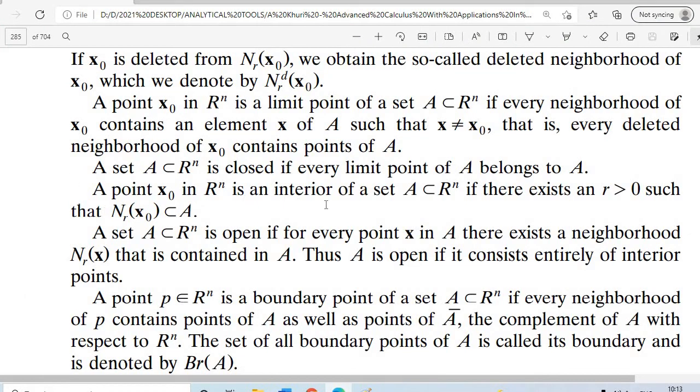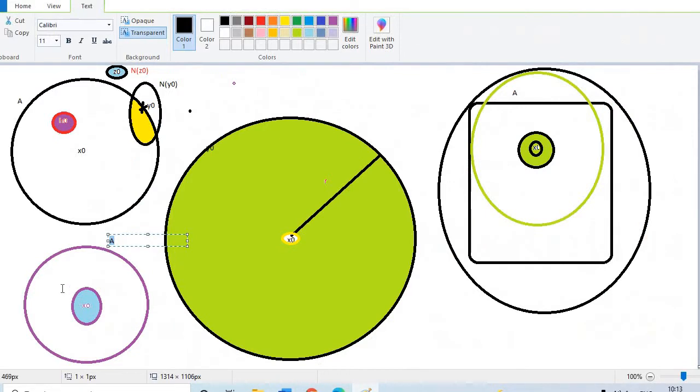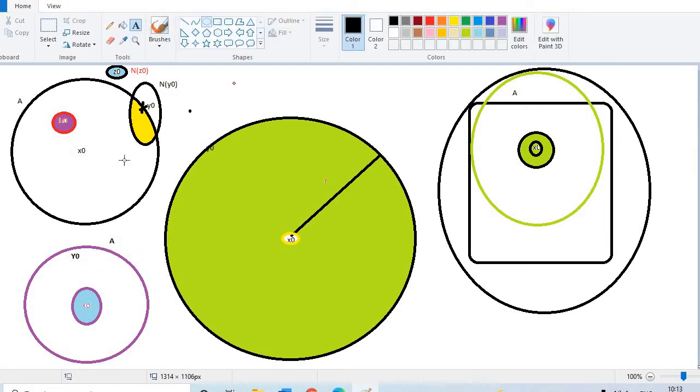അപ്പോൾ എന്താണ്? A point x0 is an interior point of set A if there exists a neighborhood of radius r such that it belongs to A. അത് നമുക്ക് എത്ര വേണമെങ്കിലും ചെറുതാക്കാം. ഇനി നമ്മൾ എടുക്കുന്നത്, അപ്പോൾ നിങ്ങൾക്ക് സംശയം തോന്നും, ഇതിനോട് ക്ലോസ് ആയിട്ട് some y0, you have taken some y0, then also you can find a neighborhood. ഒരു ചെറിയ നെയ്ബർഹുഡ് ഇവിടെ കണ്ടെത്താം.